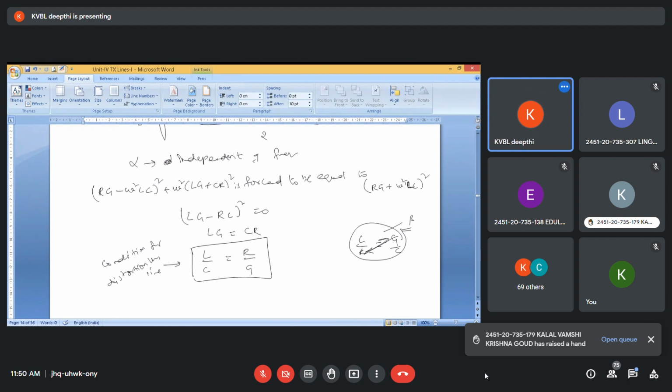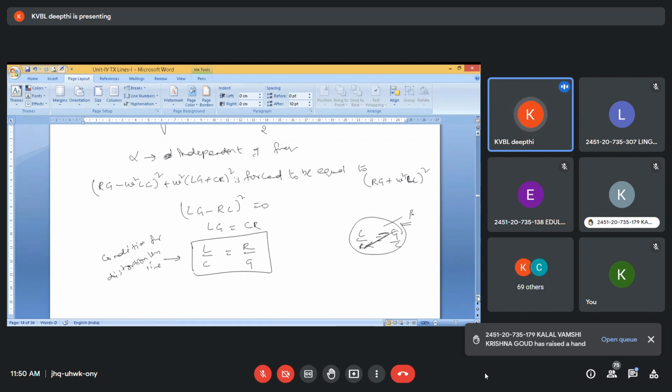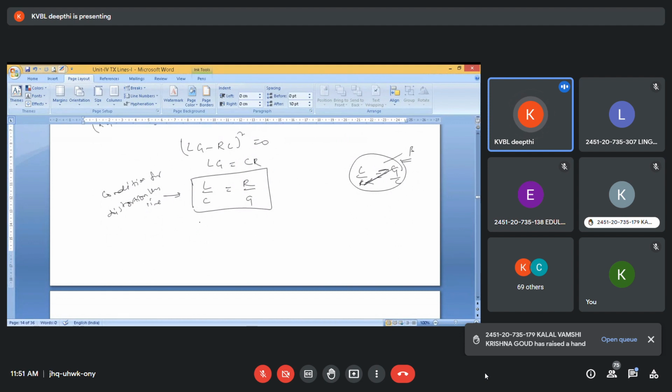Okay, so to satisfy this condition, one thing we have to do. This will make alpha and velocity independent of frequency. So to achieve this condition, it requires a large value of L. Why?